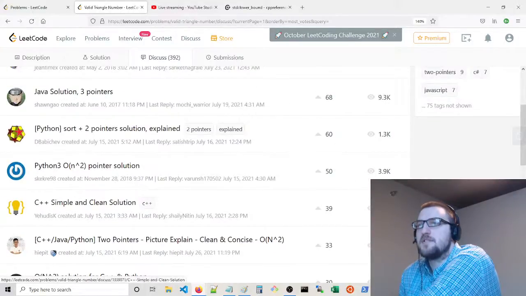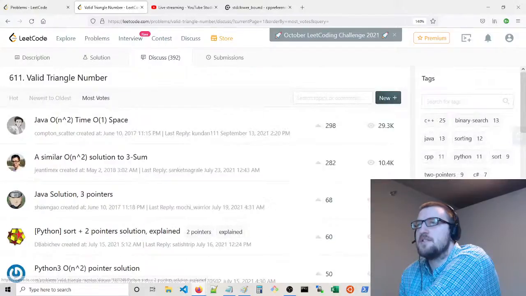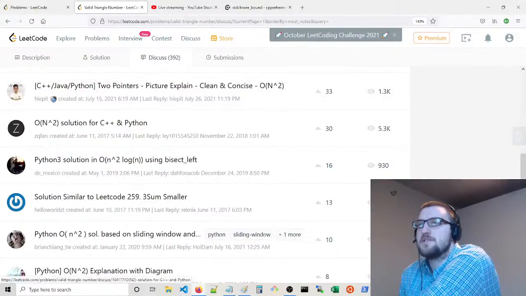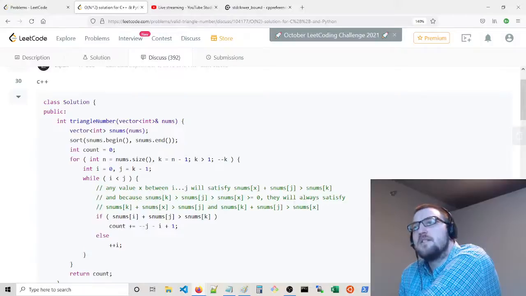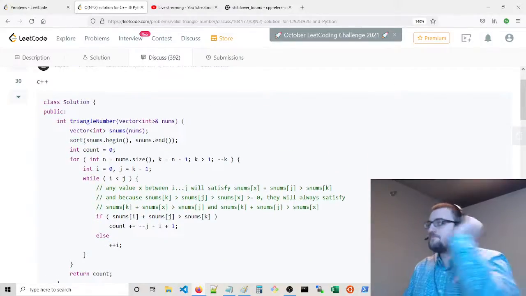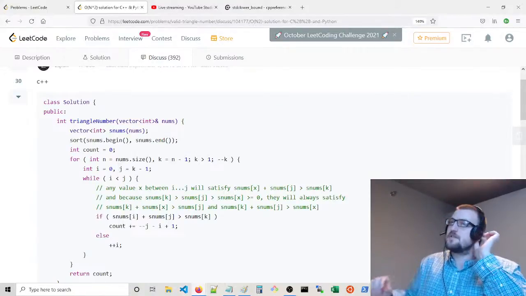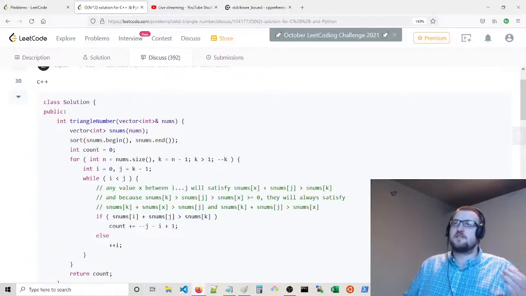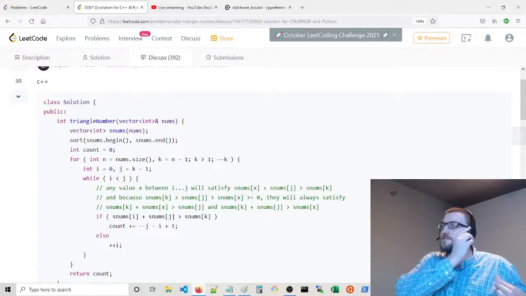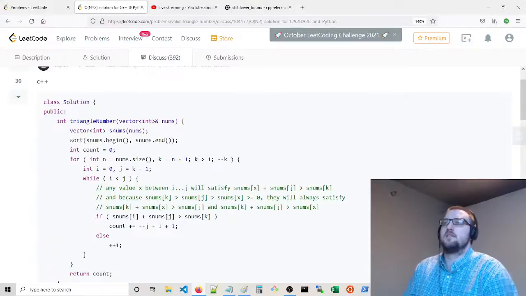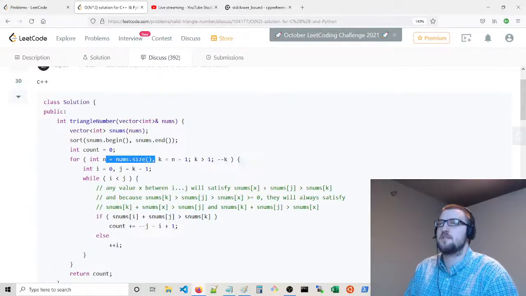All right, let's do the C++ O(n) squared. So we sort, and we say count is 0, and we go n equals nums.size, k equals n minus 1, k greater than 1, decrement k.